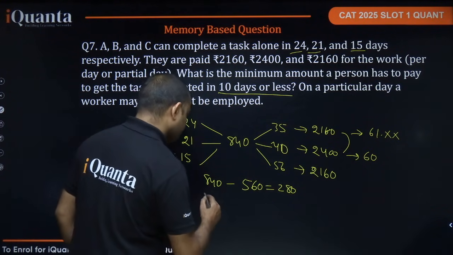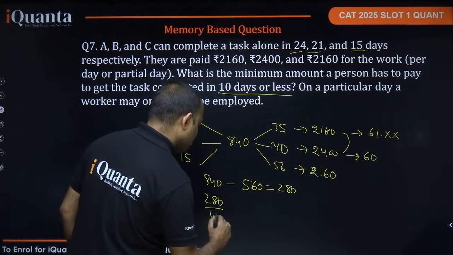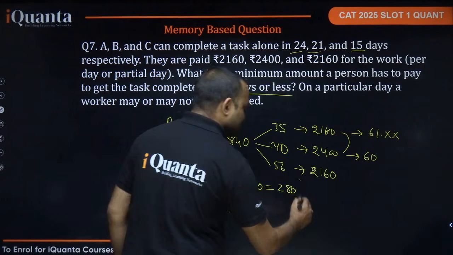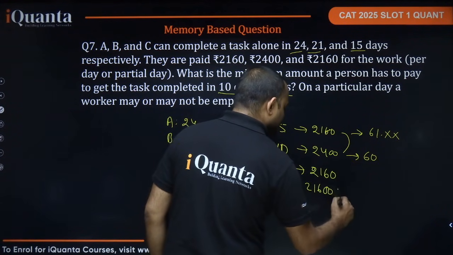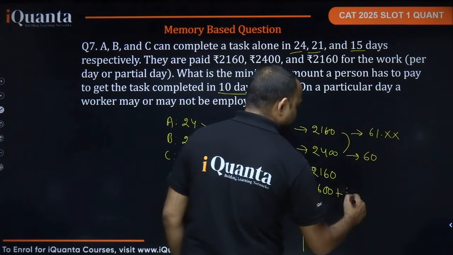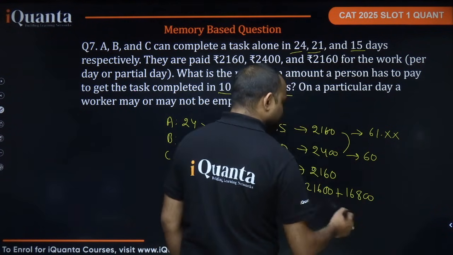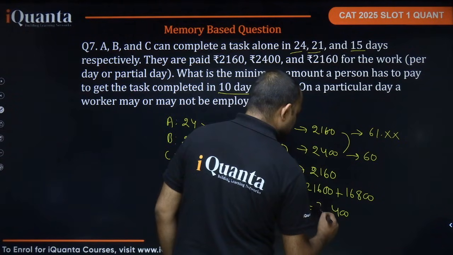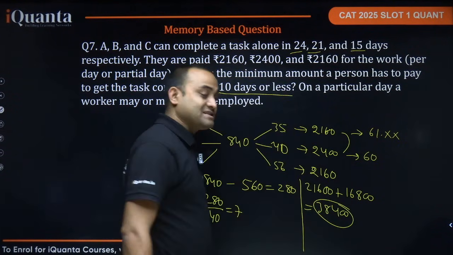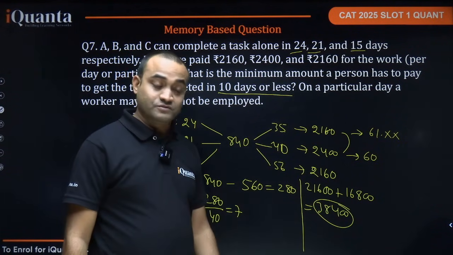So 280 by 40, that will take 7 days. So what should be the total amount? This guy is working for 10 days, so 21600. This guy is working for 7 days, so 6400 into 7, and that gives us 44800, total 38400. This was in the options, as I remember, 38400, and that's the answer.